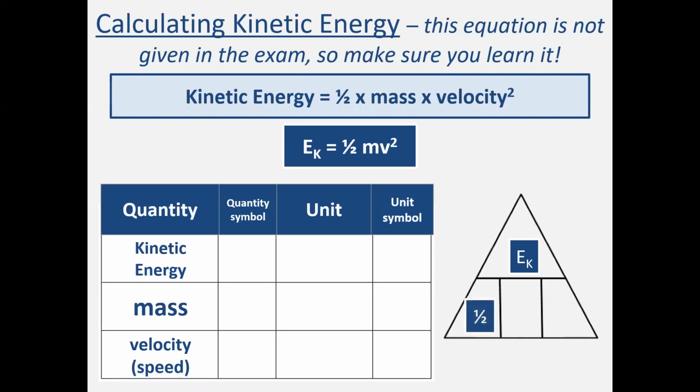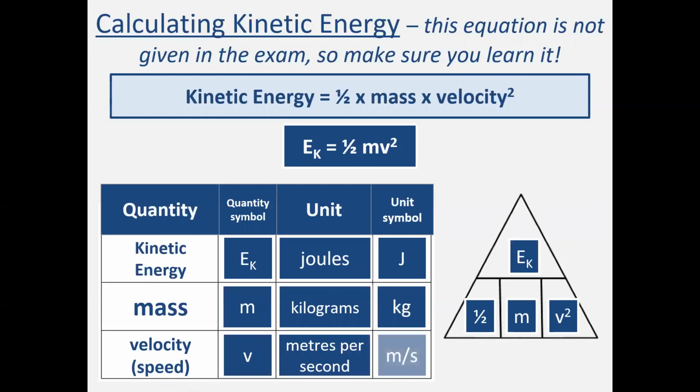Obviously, you have half, or 0.5 there. And then you have mass, which is given a lowercase m. And then you have velocity squared. Now, you can use speed or velocity here in this equation. But again, don't forget to square the speed or the velocity.